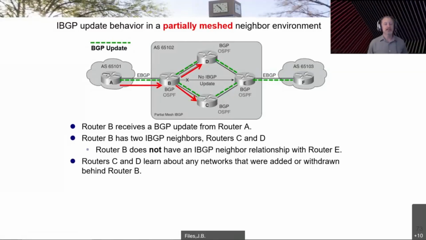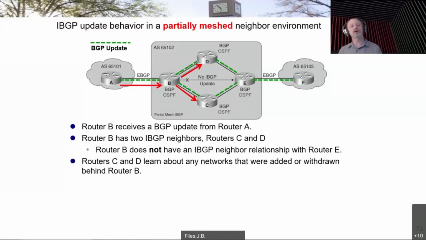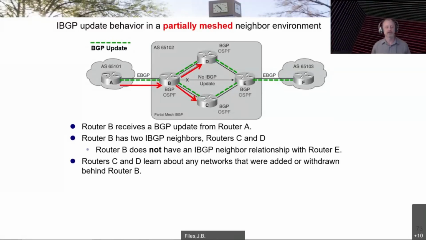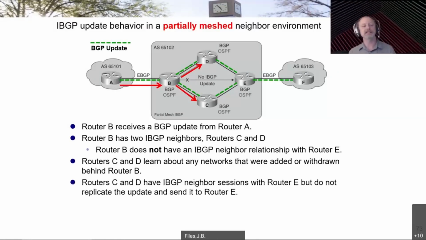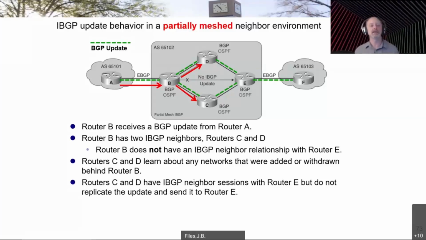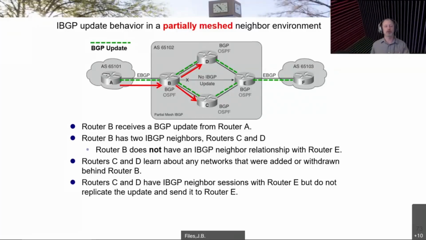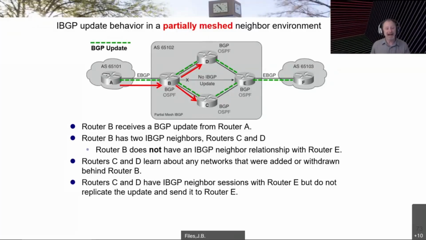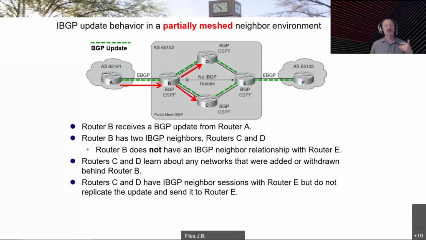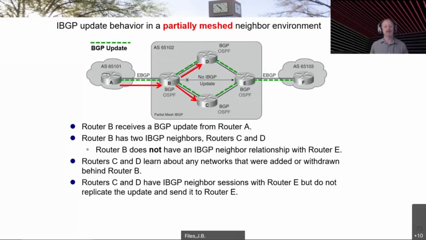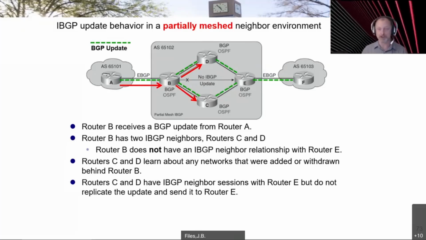So C and D are going to learn about the networks from router B. Routers C and D have iBGP relationships with router E, but they are not going to send the updates from B, because remember what we just talked about.